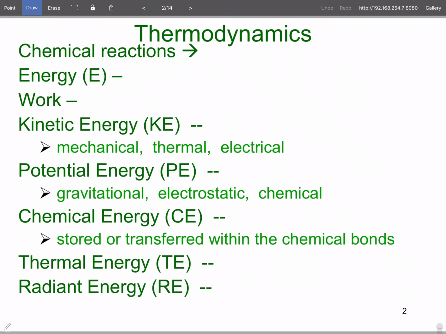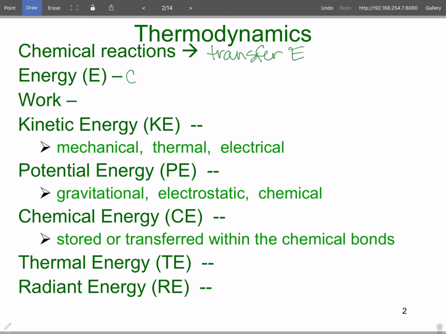All right, the first thing we need to talk about is some more definitions, and this is thermodynamics. And in chemical reactions, we're going to transfer energy. And thermodynamics is basically looking at energy.